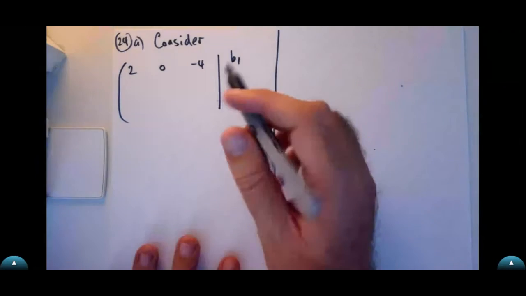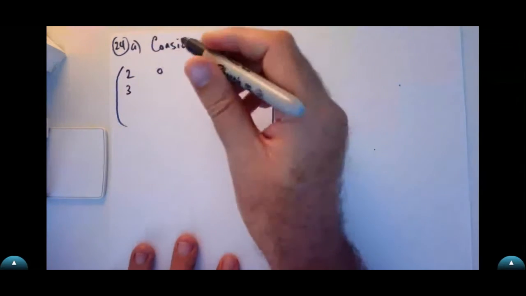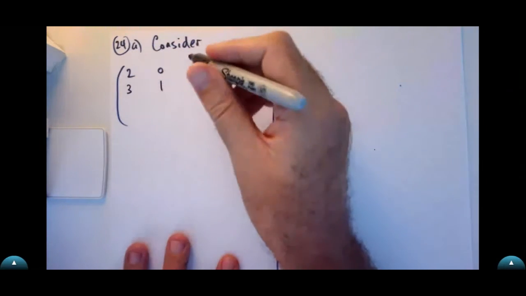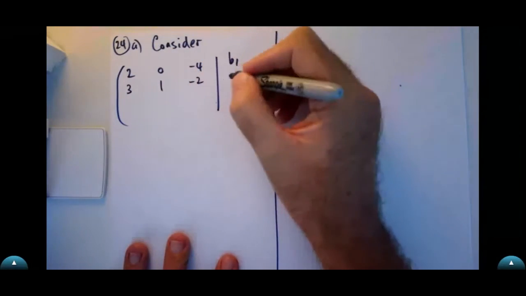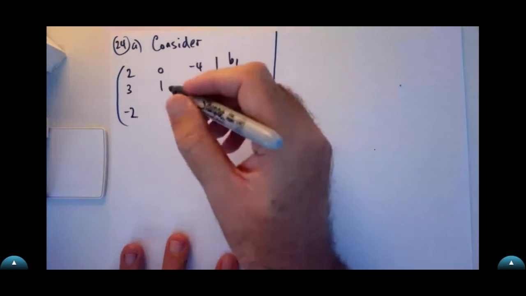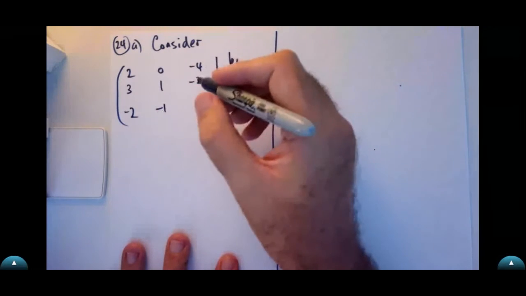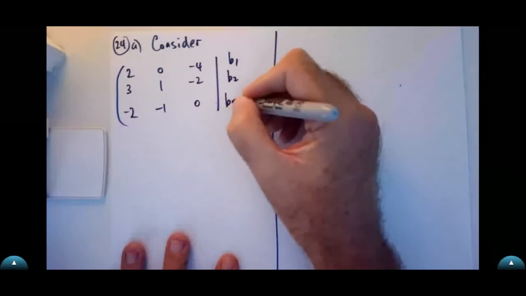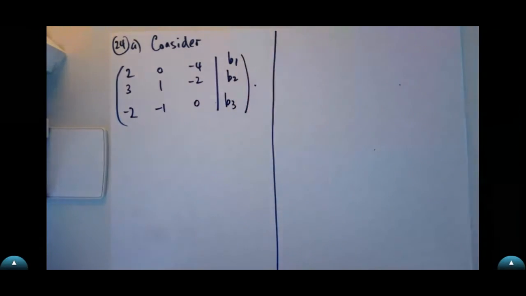Now, it looks like the one that we just did, but there is something different about it. Some of the row operations are the same, but it's not exactly the same.